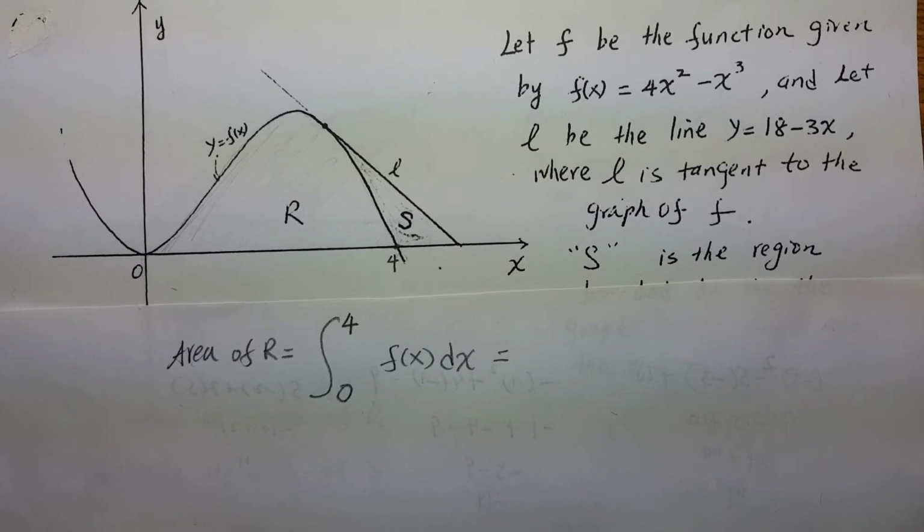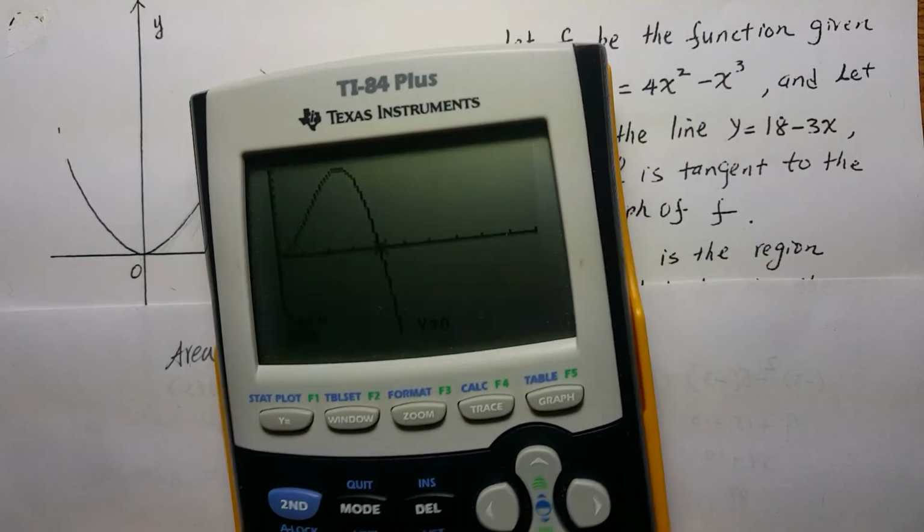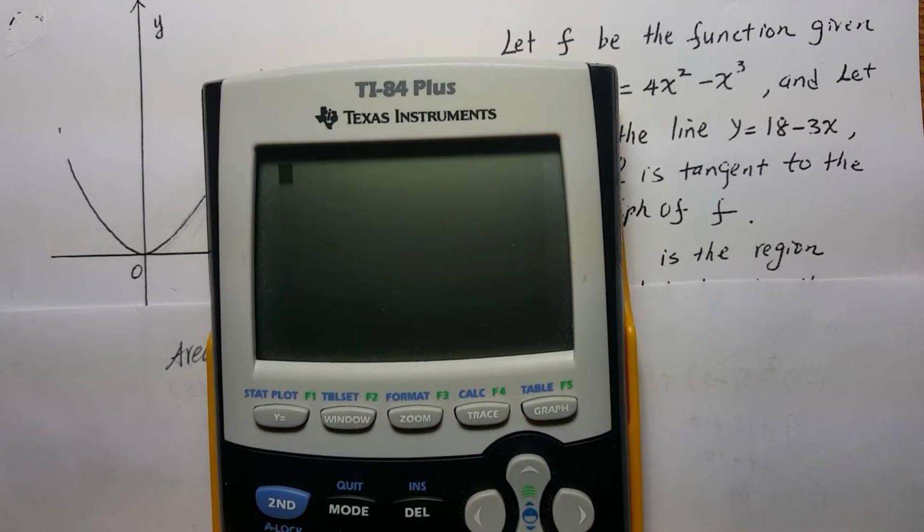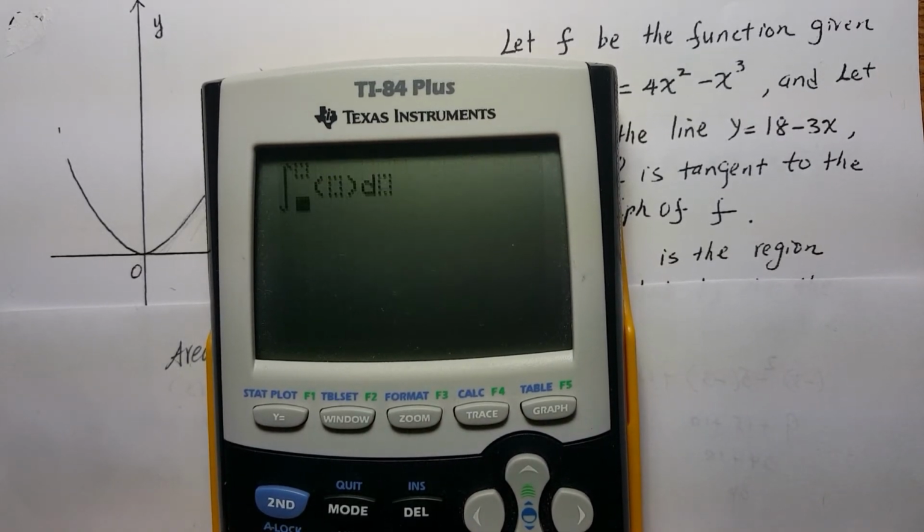Now I'm going to use my calculator since in this question I'm allowed to use a calculator. So I go back to math 9, 0 to 4, and y1. You do not write down y1 on the paper because all this is just behind the scene.